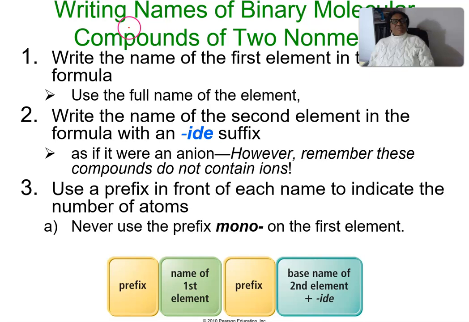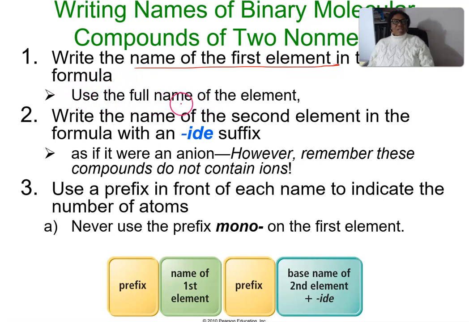So we want to learn how to write names of binary molecular compounds. So we have done ionic compounds. Now let's look at a molecular compound. To write the name of molecular compounds, write the name of the first element in the formula.